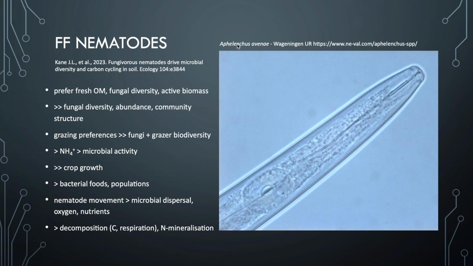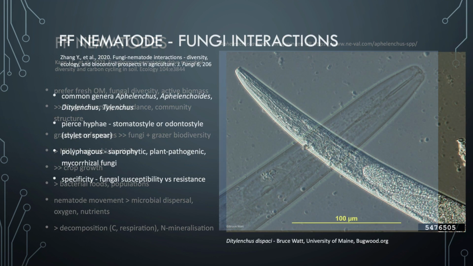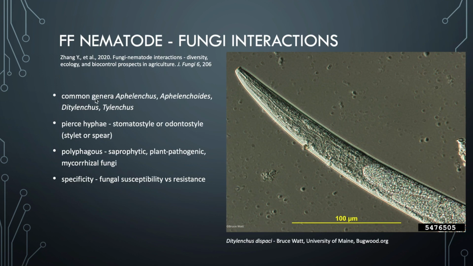This is an image of a very common fungal feeding nematode called Aphelenchus avenae, and this character will feature in a lot of the future slides in this lesson. Some of the most common genera of fungal feeding nematodes include Aphelenchus, which we've seen in the last slide, Aphelenchoides, Ditylenchus, and Tylenchus.